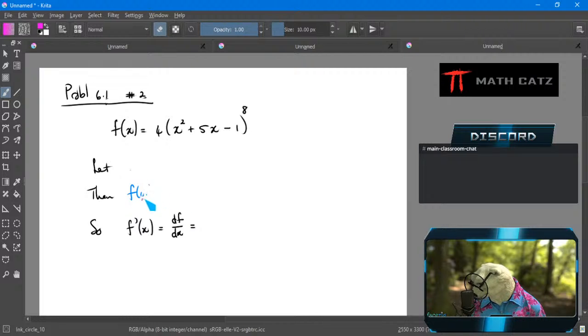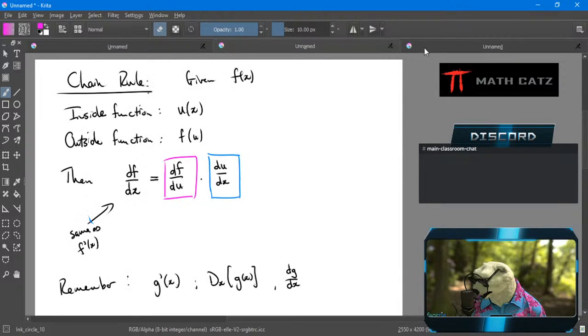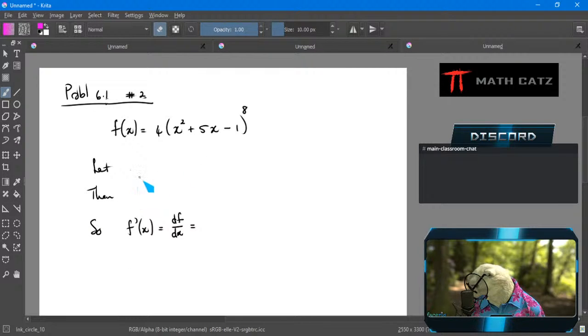I'm sorry, that was a big boo-boo. Okay, we called the outside function pink, so it should be this one, u to the 8. And then the blue is u. You can call it u as a function of x, which it is. There we go, back on track.